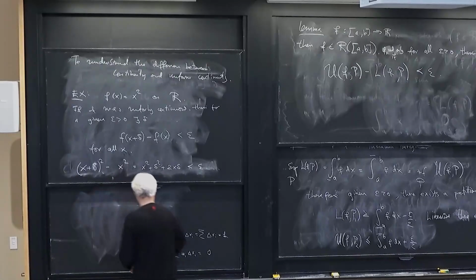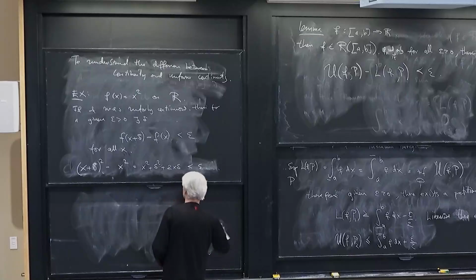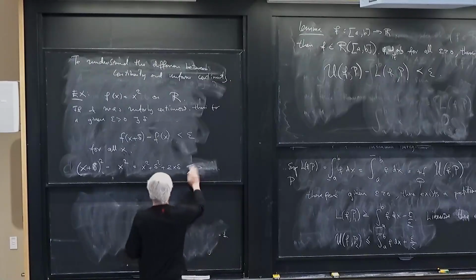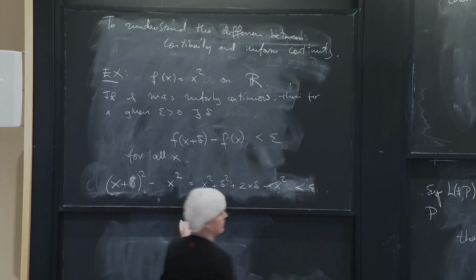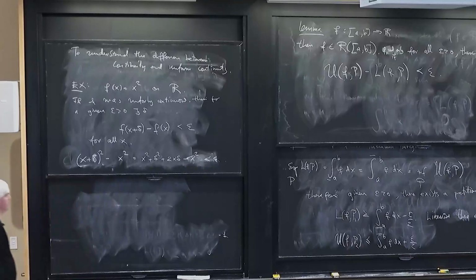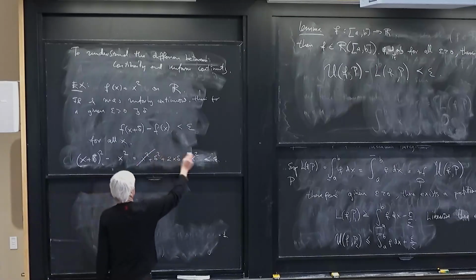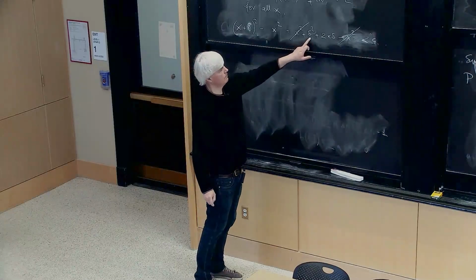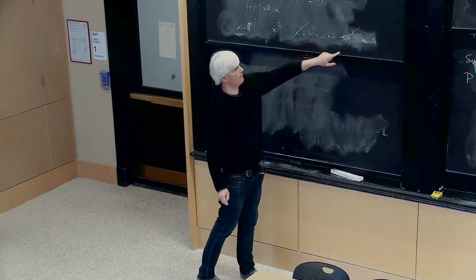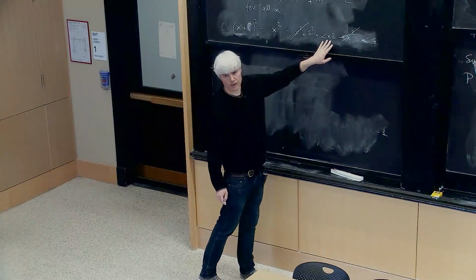Delta is positive, and so, sorry, this here, minus x squared, would have to be less than epsilon, right? And so you get rid of these two. Delta is positive, so if you have this, you would definitely also have that.